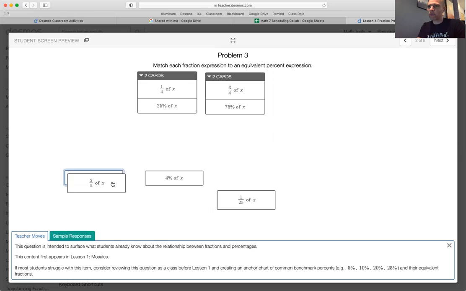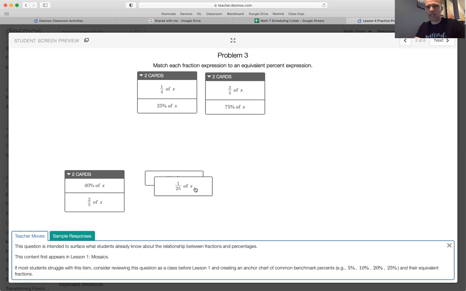So I think the 2/5 should go over here. And that makes sense because 1/5 is the same thing as 20%. 2/5 is the same as 40%. And then here, 4%, that's just a little amount. That's going to be 1/25. And you should notice if you take 4 for the 4%, multiply it by 25 because it's 1/25 of the whole thing, it gets you 100.